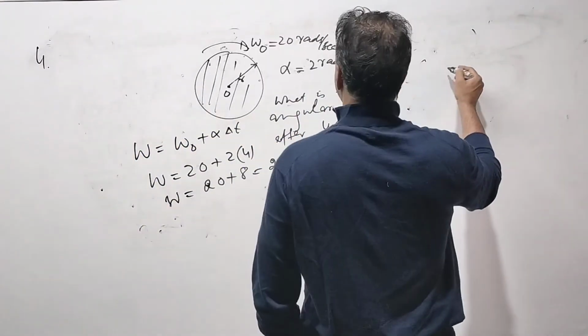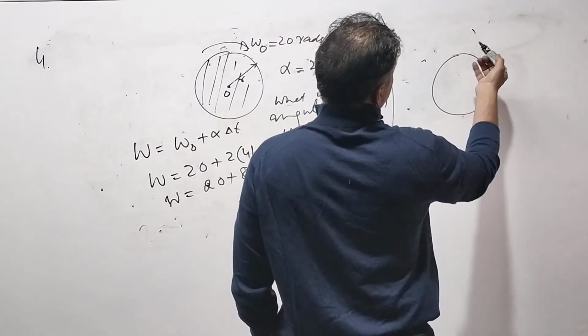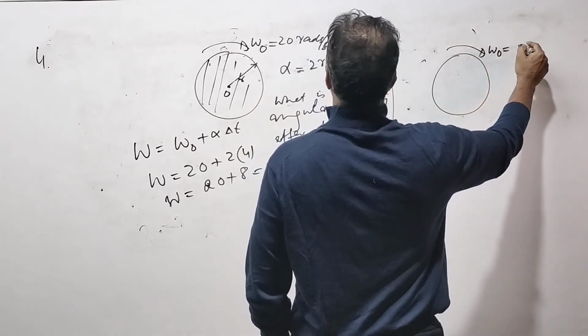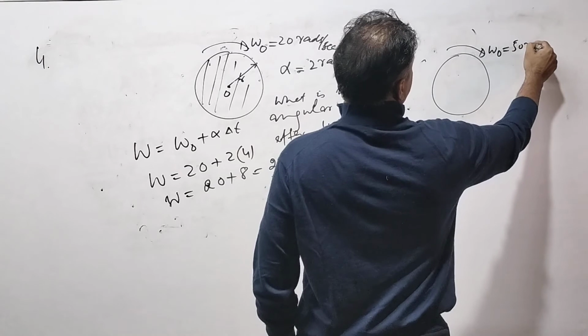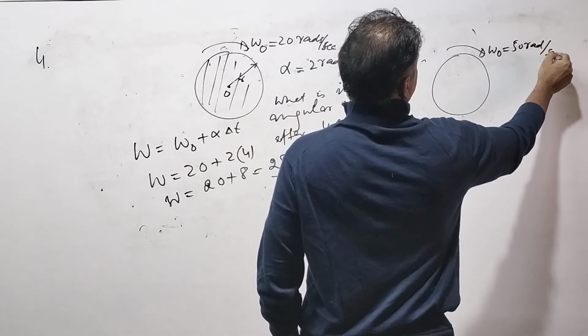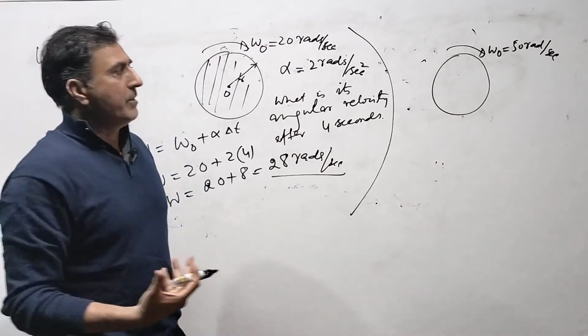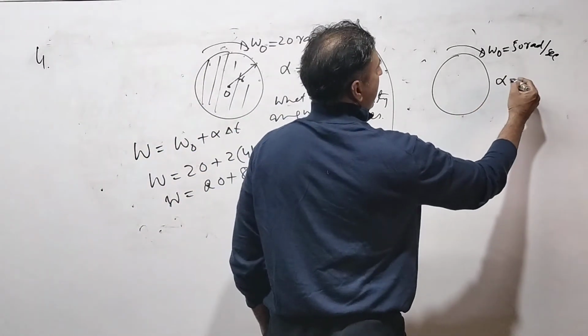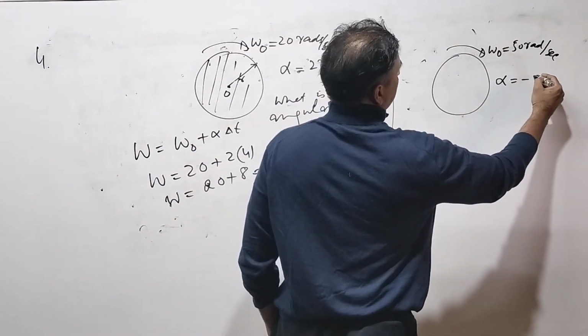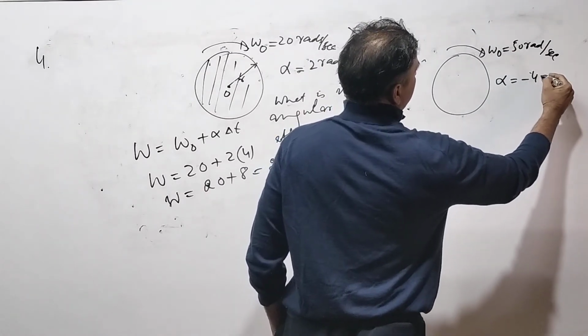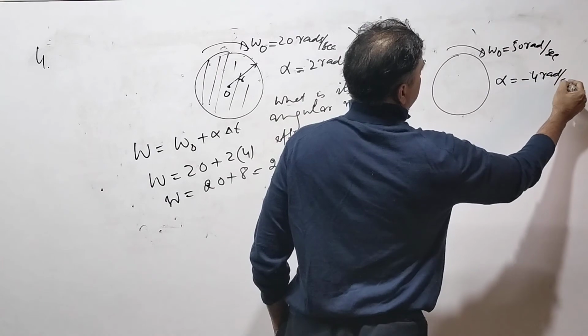Let me make one more example. It is a disk that rotates with angular velocity omega 0 equal to 50 radians per second. Now there is angular retardation, I mean alpha is negative. Alpha is minus 4 radians per second square.